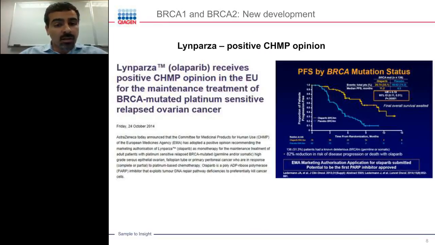And because of these results, this olaparib drug received a positive opinion in the EU because of its efficacy in ovarian cancer.